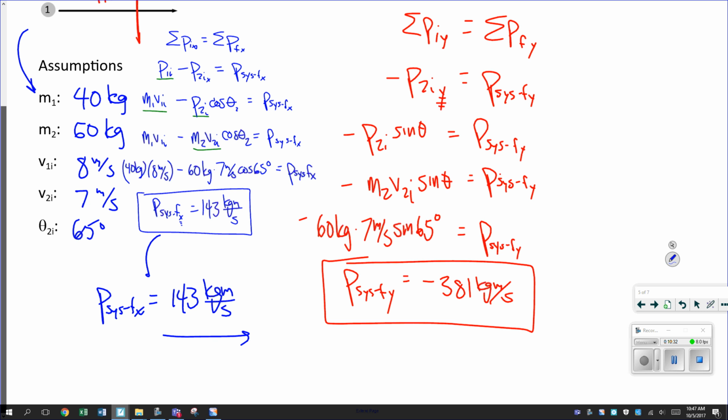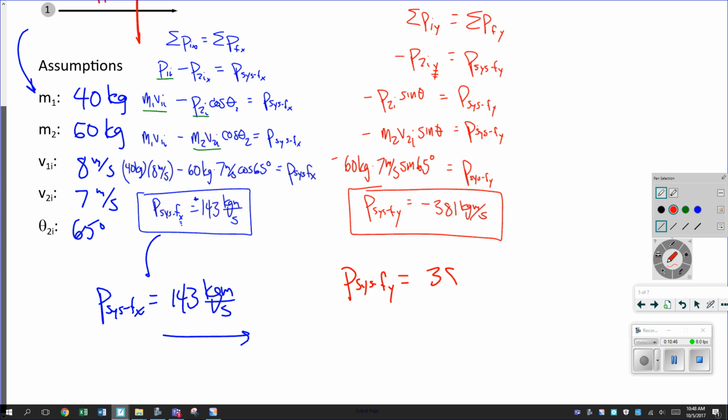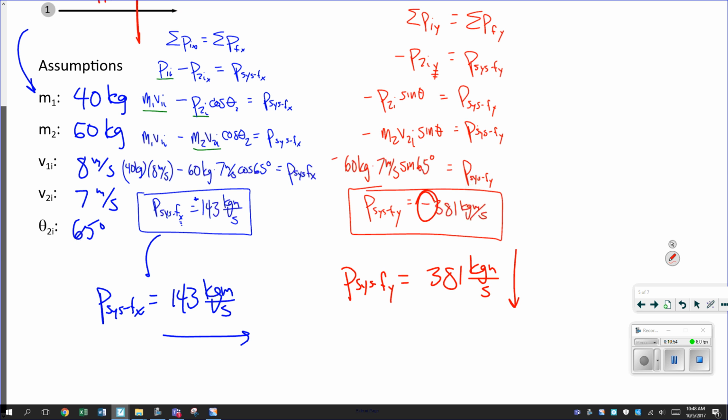How do I know that? Because this is a positive answer. And if I also want to be explicit, P sys final y is, here's the magnitude of it, the size part, that away, downward. How do I know that? Because my answer was negative.